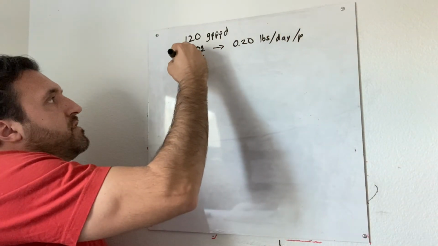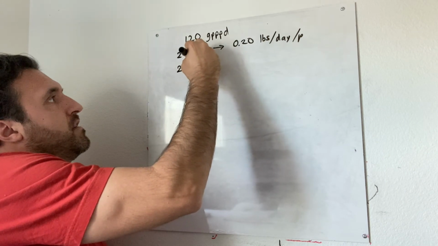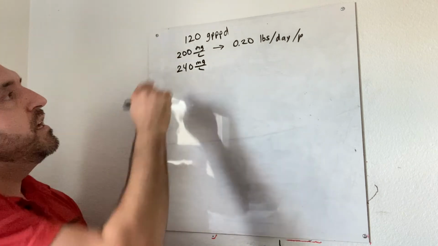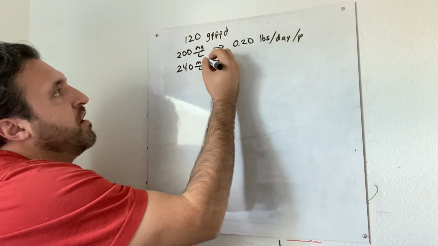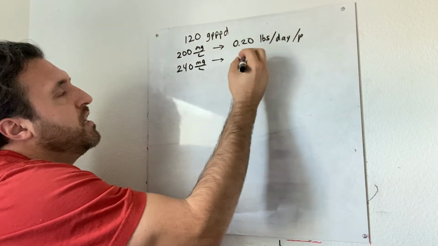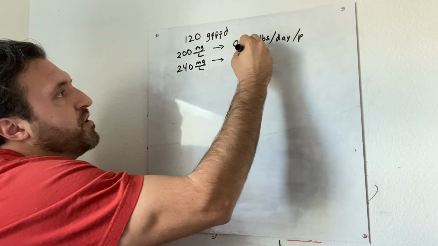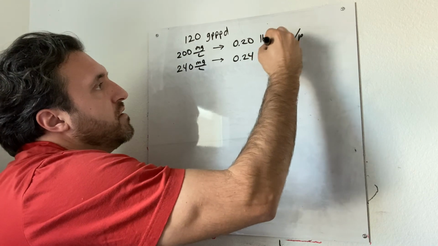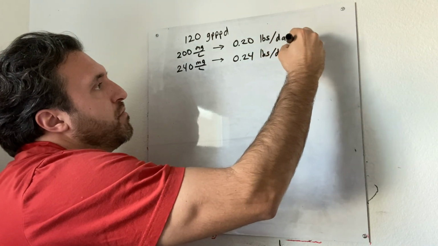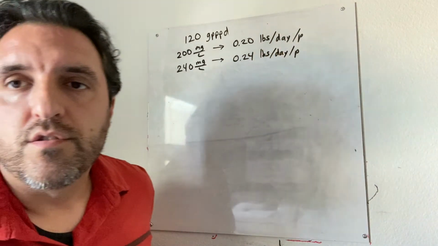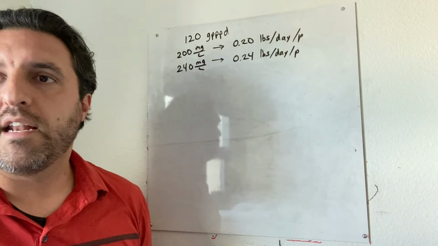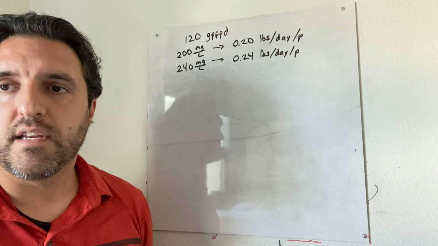And for TSS, suspended solids, for a typical concentration of 240 milligrams per liter, and assuming the per capita flow rate of 120 gallons per person per day, we found that the per capita loading was approximately 0.24 pounds per day per person.